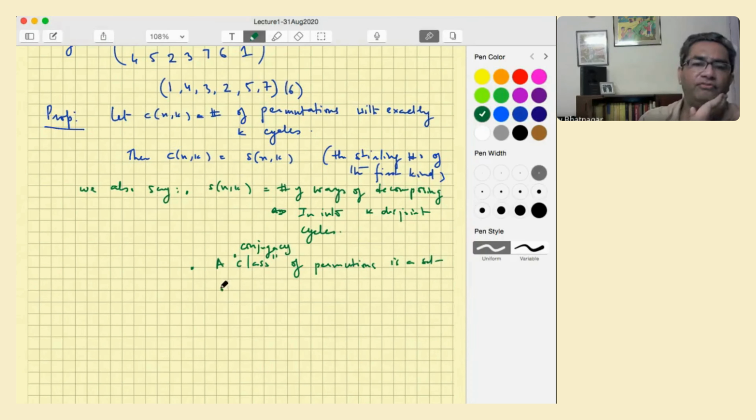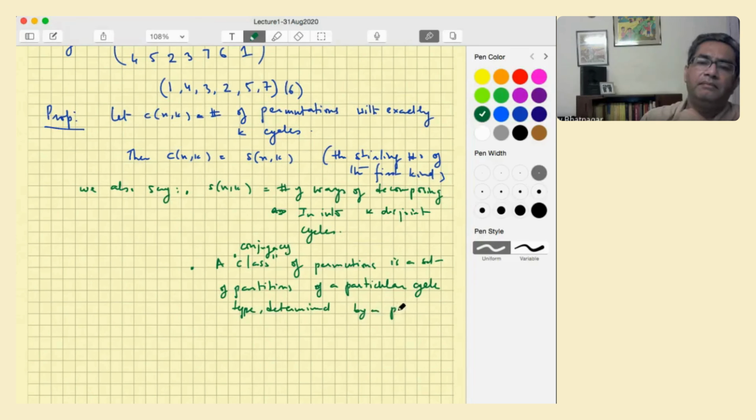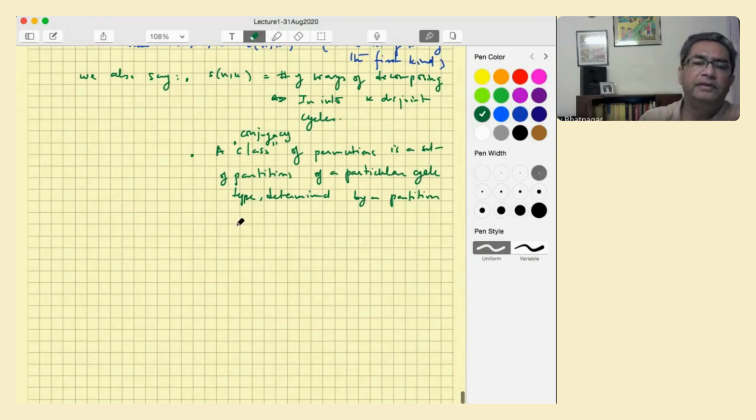A conjugacy class is a set of permutations of a particular cycle type, and that is determined by a partition. So for example, if the partition is 3 plus 2, this is a cycle type: a 3 cycle plus a 2 cycle.